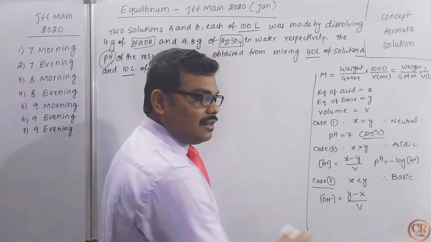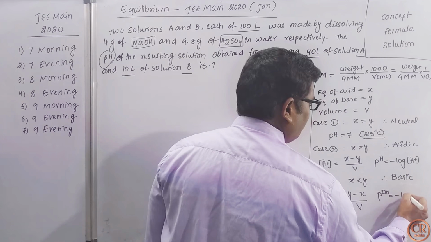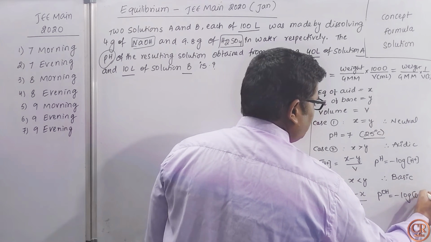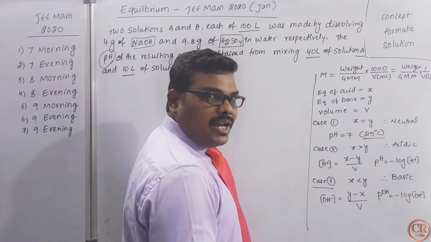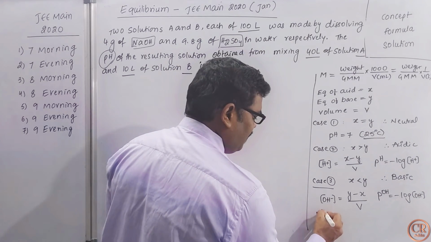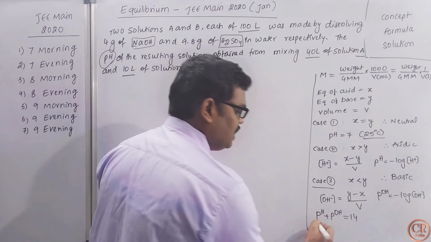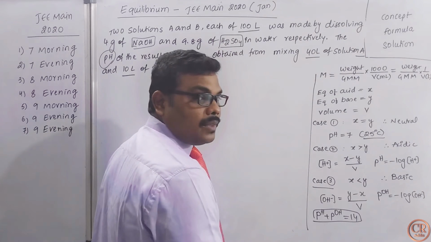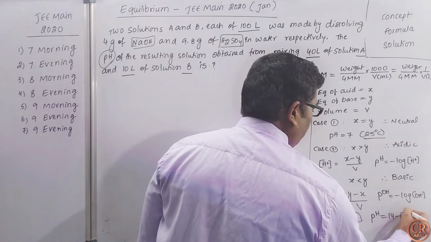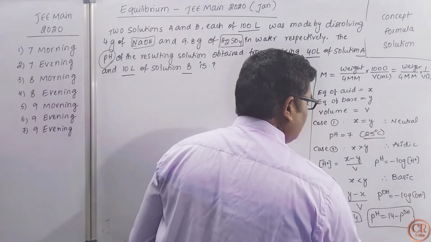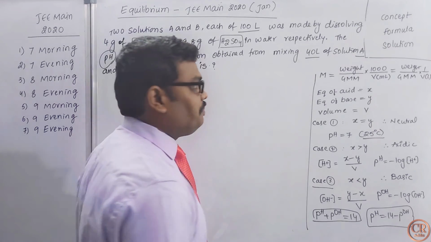So after calculating concentration of OH minus, you have a relation pOH is equal to minus log OH minus ions. So after calculating pOH, you can calculate pH, because the relation between pH and pOH is this. So pH plus pOH is equal to 14. From this, pH is equal to 14 minus pOH.